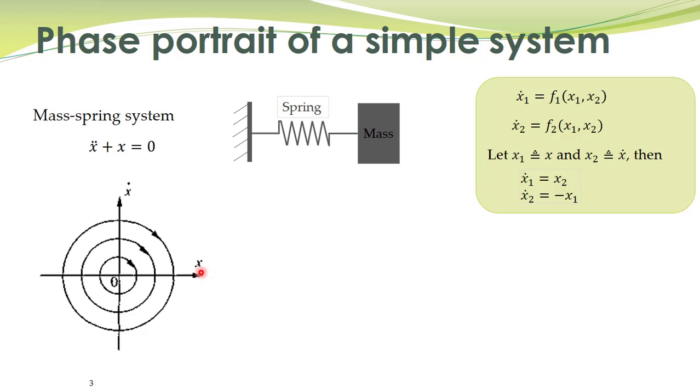So this is the x1 x2 plane, which is the phase plane, and these are plots of x1 versus x2 for different initial conditions. For one initial condition we had this graph, for another initial condition we had this graph, and for a third initial condition we have this graph. So this graph is called the phase portrait.